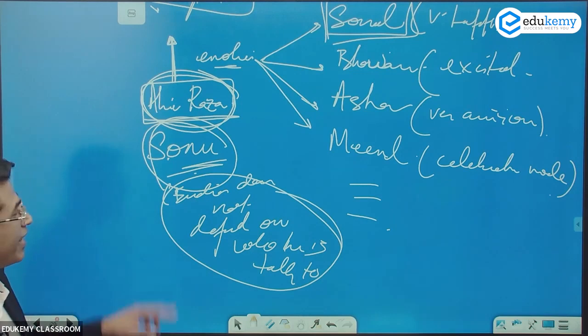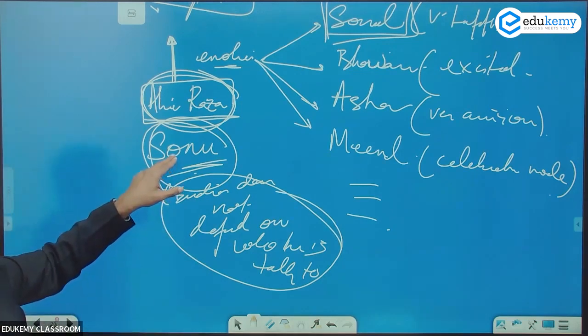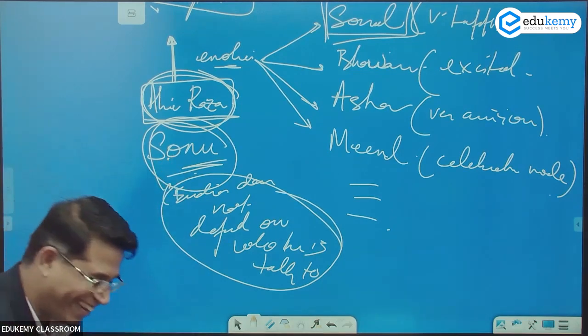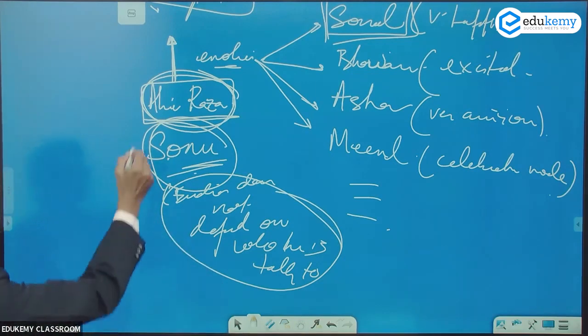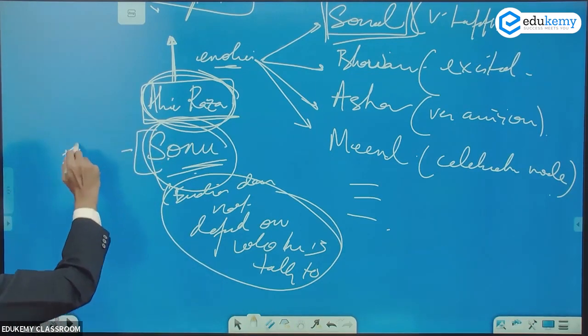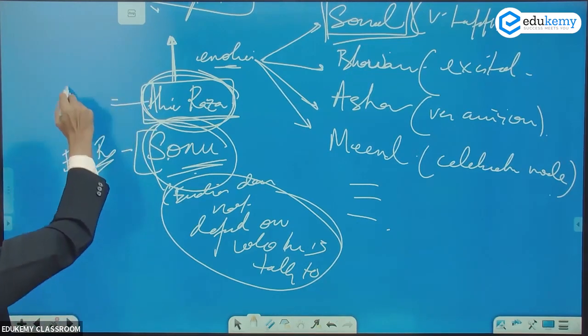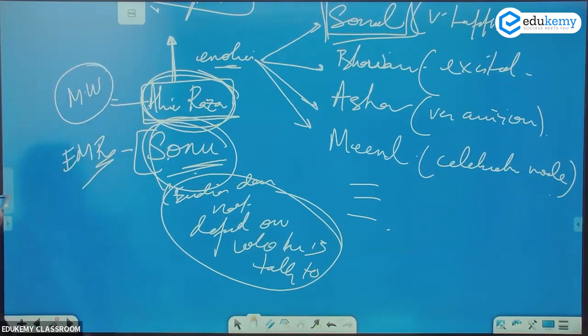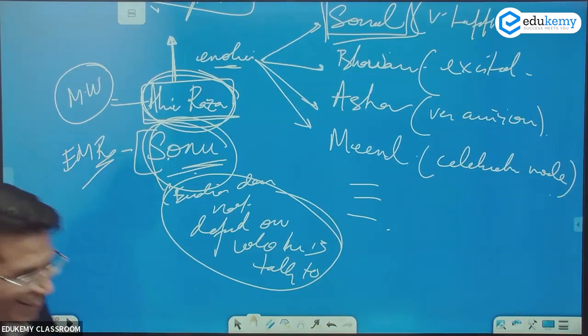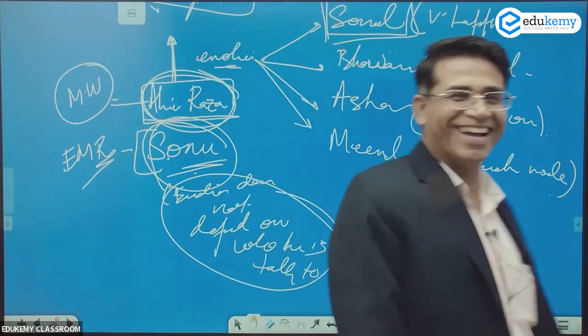Which means Sonu is electromagnetic radiation and Ahmad Raza is mechanical waves. ठीक है?